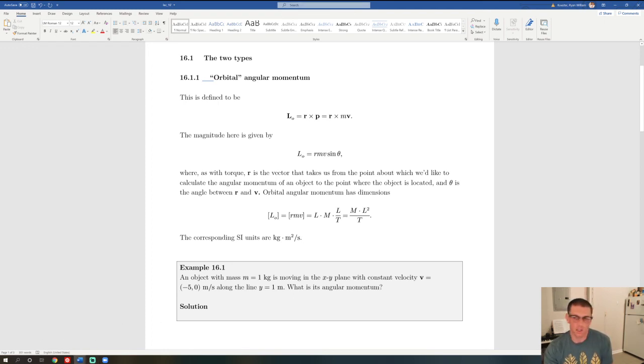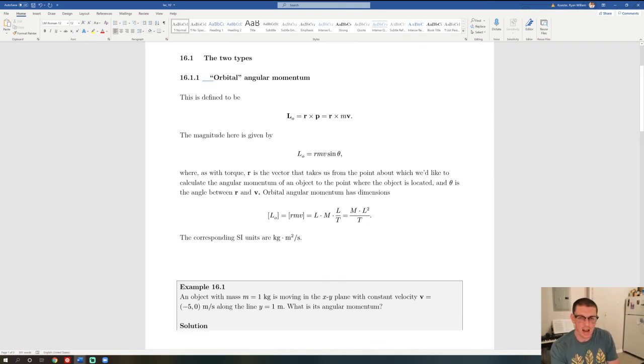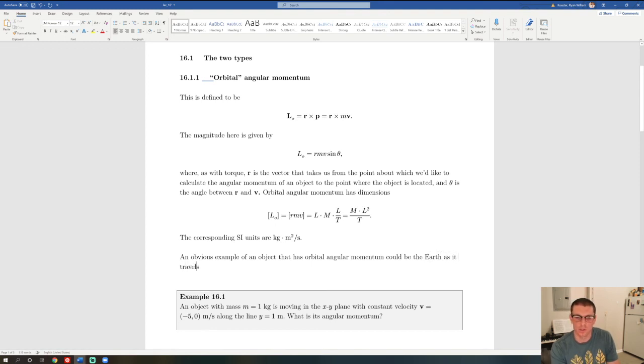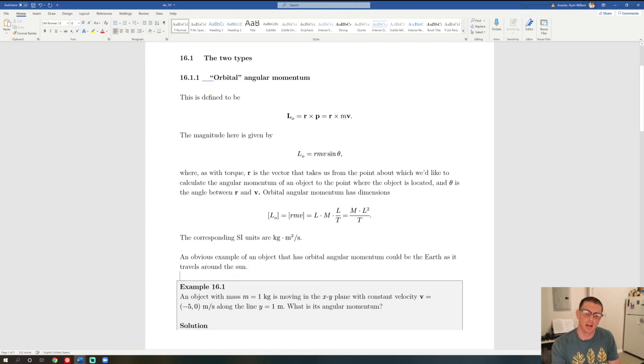Okay, so then there's that, and let me just give you an example. An obvious example of an object that has orbital angular momentum could be the Earth as it travels around the sun, right? Because essentially the Earth is translating in space.